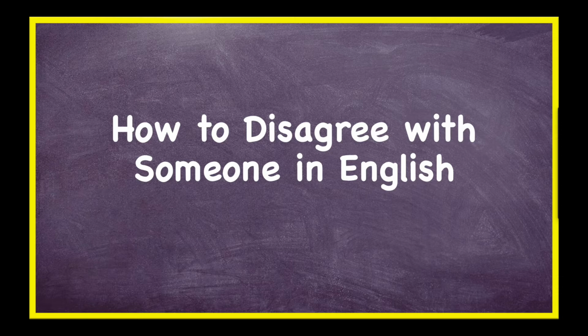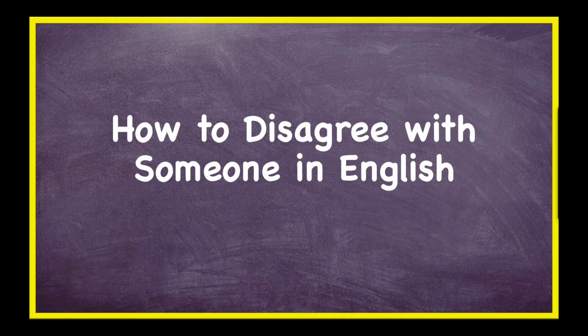In business meetings when you want to disagree with someone, or if you just want to disagree with someone when you're talking with them in a conversation, but you don't want to be rude, right? You want to express your opinion, but you want to be polite about it. It's a very important thing to know how to do in English. Disagree with someone. So there are 4 basic steps.